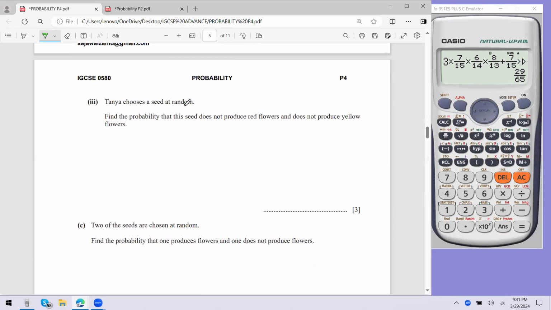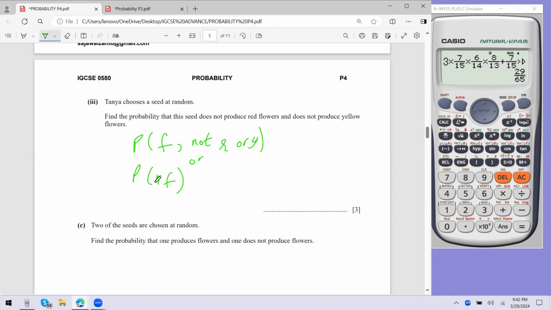Tanya chooses a seed at random. Find the probability that this seed does not produce a red flower and does not produce a yellow flower. Okay, but it doesn't say that it produces any flowers. So that means we can either consider a flower, there is a flower and it's not red or yellow, not red or yellow, or we can say no flower.